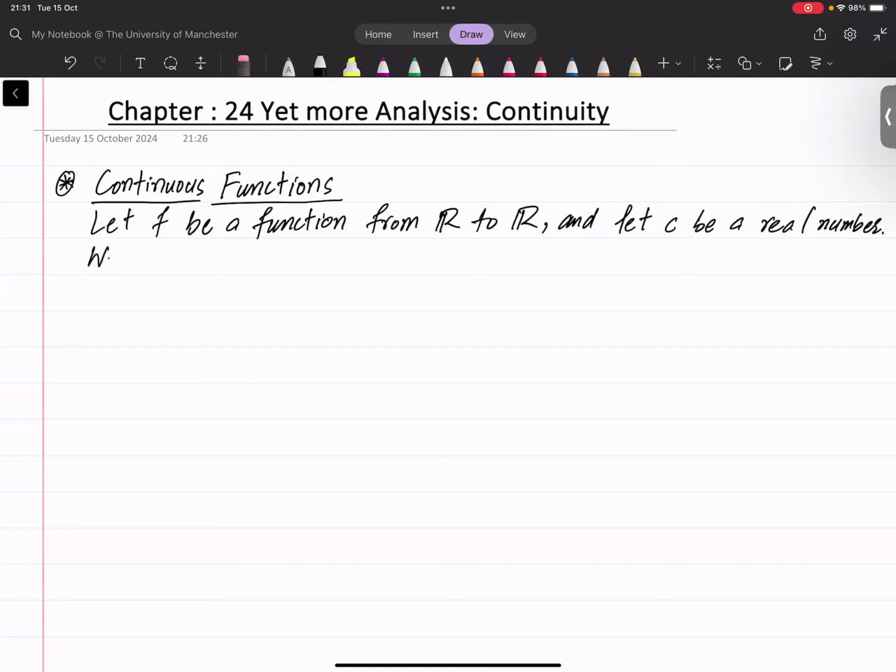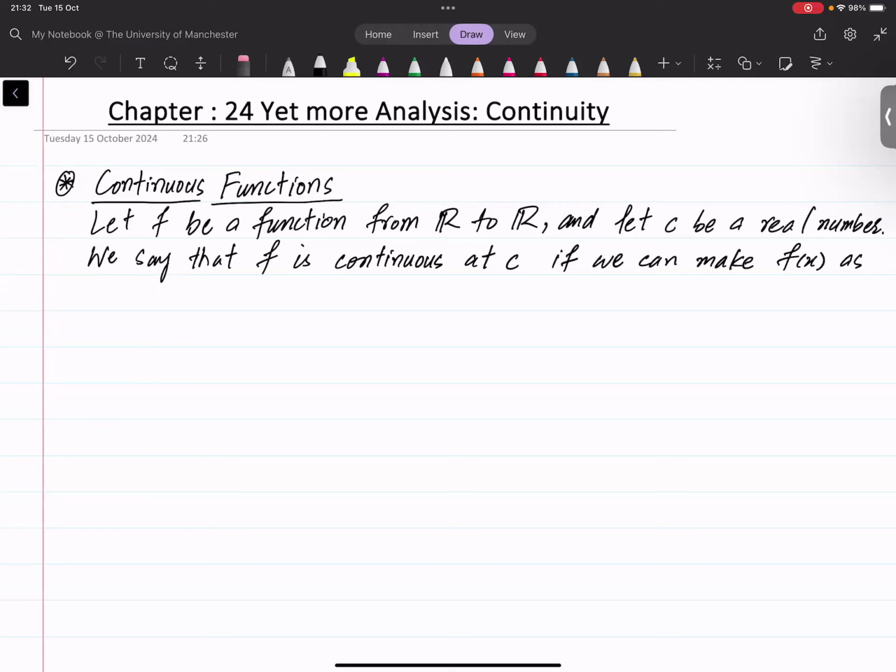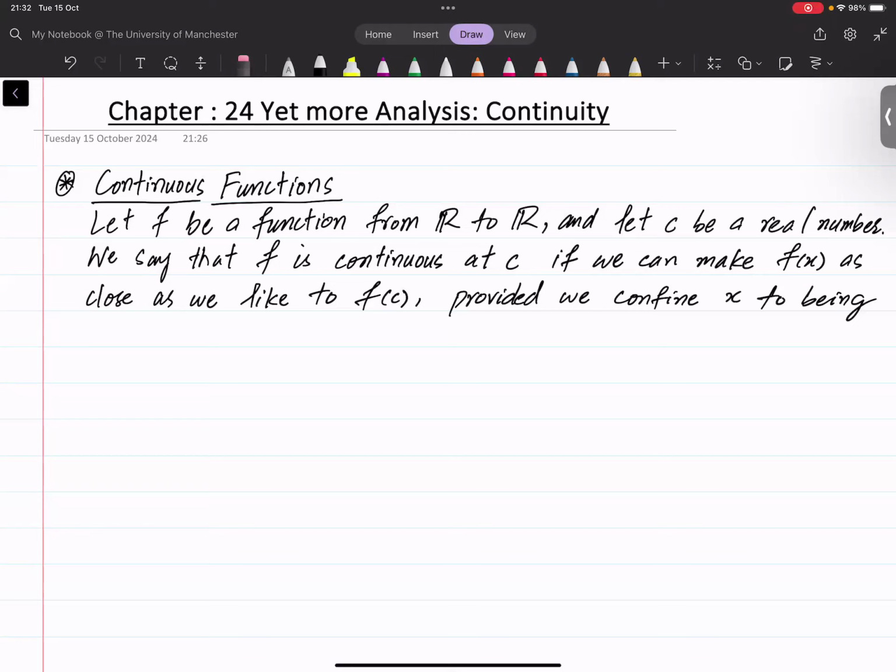We say that f is continuous at this real number c if we can make f of x as close as we like to f of c, provided we confine x to being in a sufficiently small neighborhood of c.